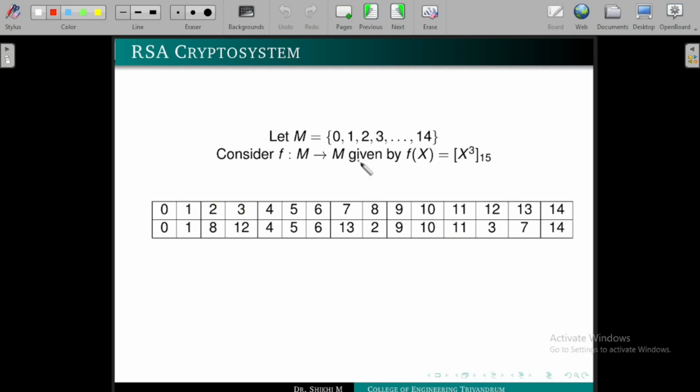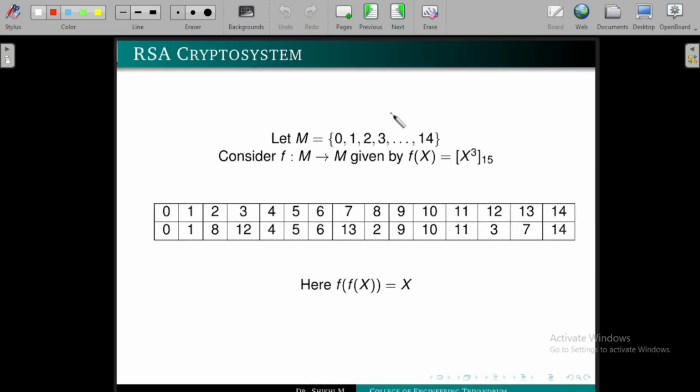The question is, if you know x, you know how to calculate f of x. Now suppose you are given the value of f of x for a particular x. Can you predict the value of x such that f of x is equal to 13? Here by inspection you can see that the same function works for the inverse also.